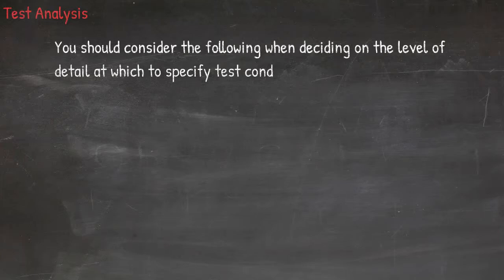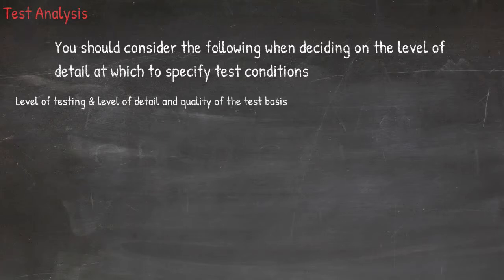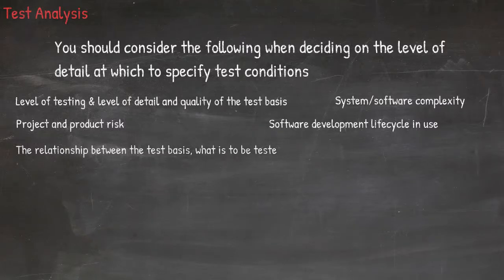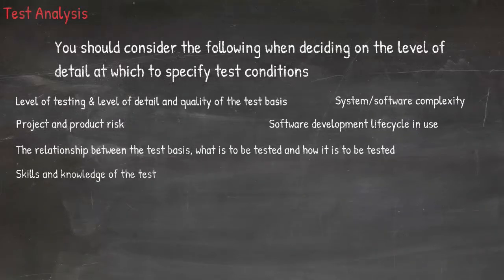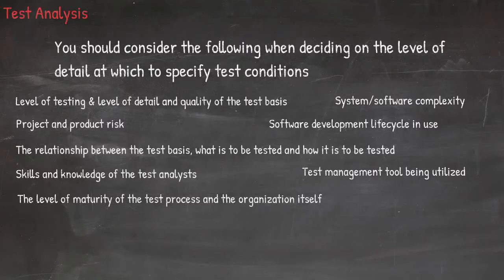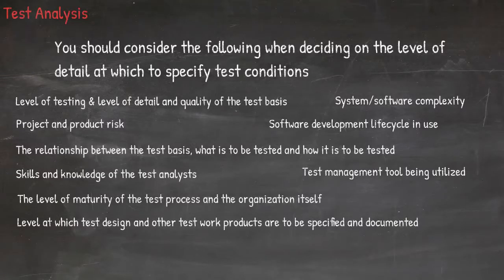You should always consider the following when assessing which way to go: level of testing versus the level of detail and quality of the test basis, system or software complexity, project and product risk, software development lifecycle, the relation between the test basis and what is to be tested and how it is to be tested, skill and know-how of the test analyst, tools used for test tracking, level of maturity of the test process within your organization, how test design will approach the work products, and the availability of project stakeholders for consultation.